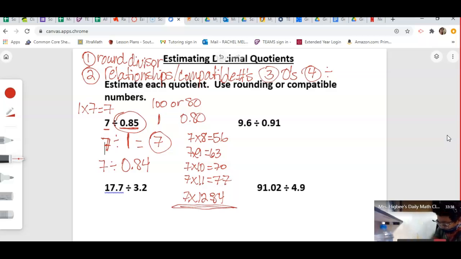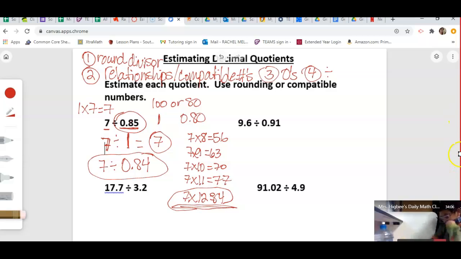But here's the trick here. Here's what trips us up. I know that this is a relationship here, but thinking about that as a decimal right now, I don't think we're quite ready for that. We need to work with some decimals a little bit more before we feel comfortable doing this. And remember, if I'm thinking money, this is 85 cents, and 85 cents is very close to a dollar. So I would much rather you change that to a 1 because then you can do it quickly in your head.